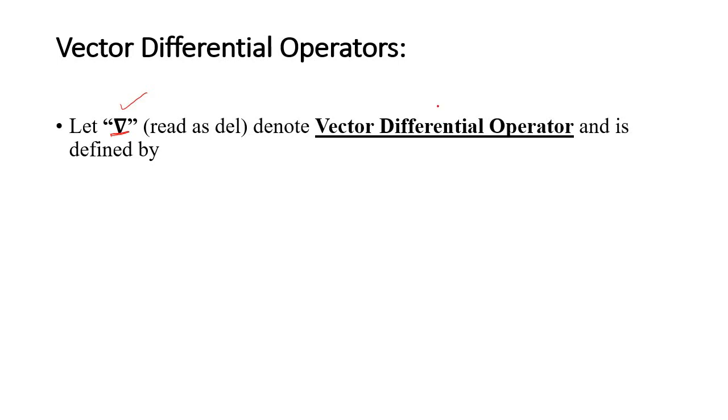Del denotes the vector differential operator, and this is its definition. Del is equal to the partial derivative with respect to x into the unit vector i, plus the partial derivative with respect to y into the j component, plus the partial derivative with respect to z into the k component.